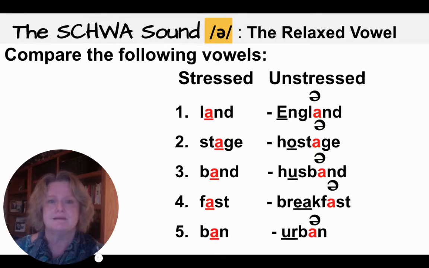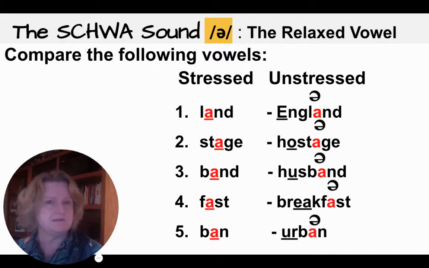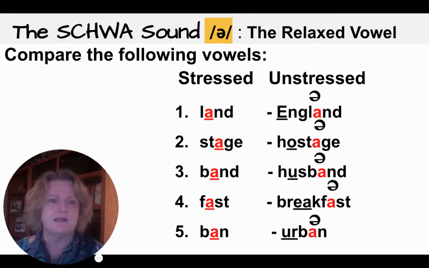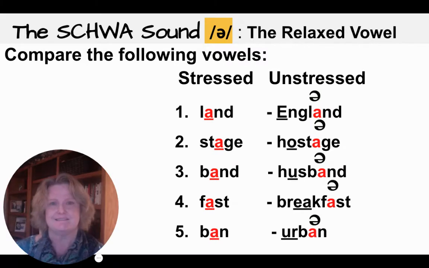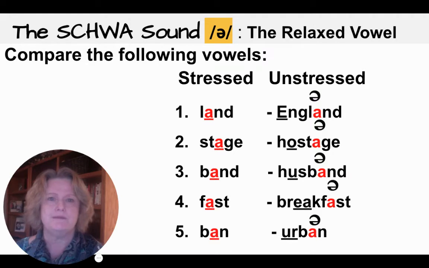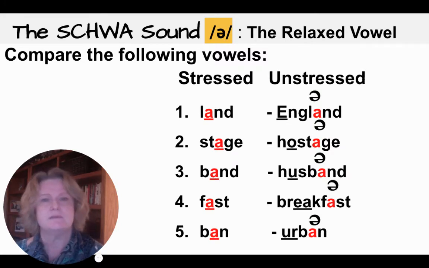Band is black, but in the word husband, hus, which is mustard, is the stressed part, and band becomes bund, husband. Fast is black, but in the word breakfast, break is red and stressed, but fast now is unstressed and becomes fust, breakfast.